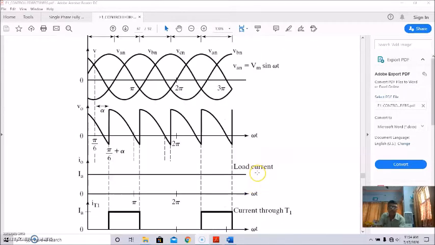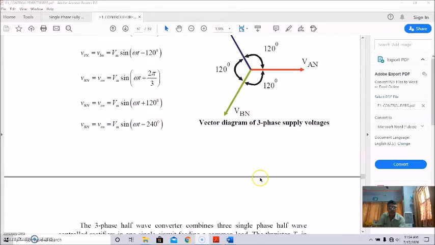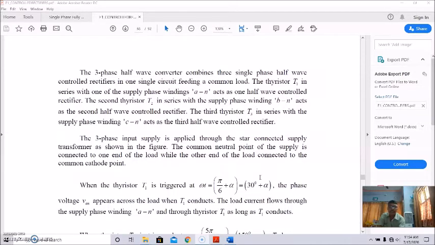So if we go on discussing this in this pattern, the three-phase half-wave converter combines three single-phase half-wave controlled rectifiers in a single circuit feeding a common load.